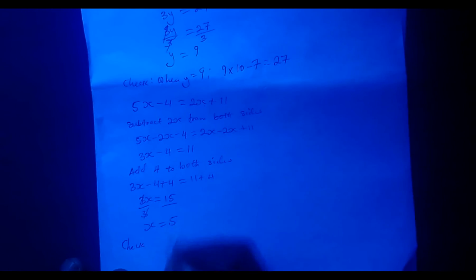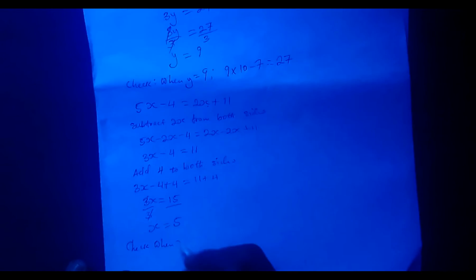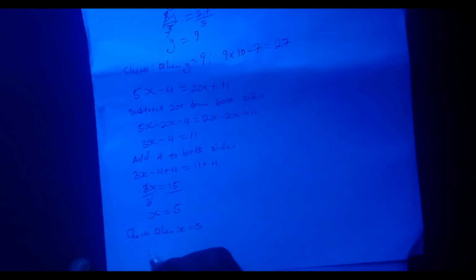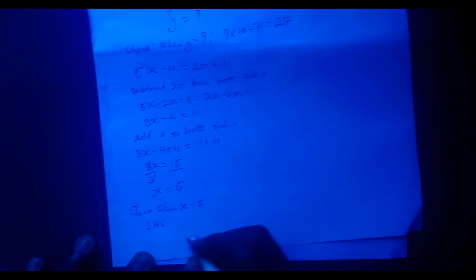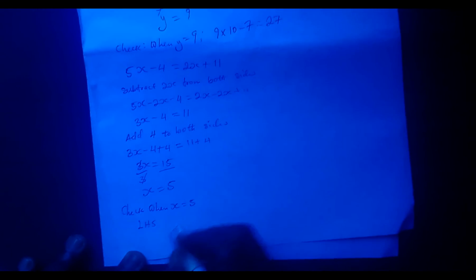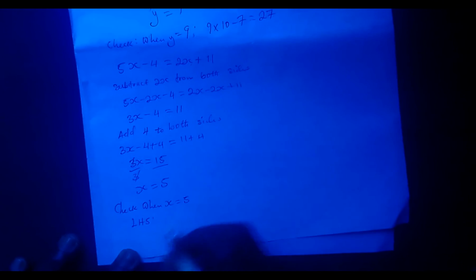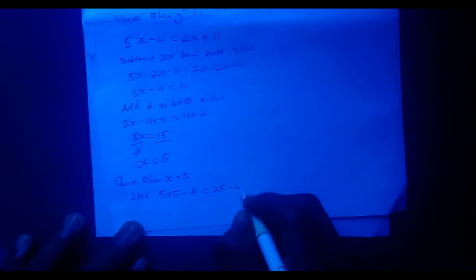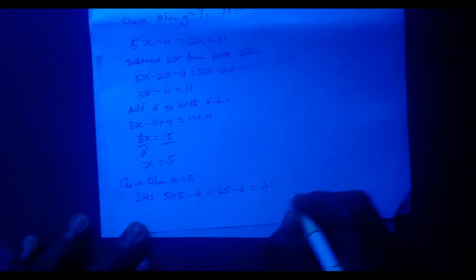Let's check. When x is equal to 5, on the left hand side we say 5 times 5 minus 4, which is 25 minus 4, equal to 21.